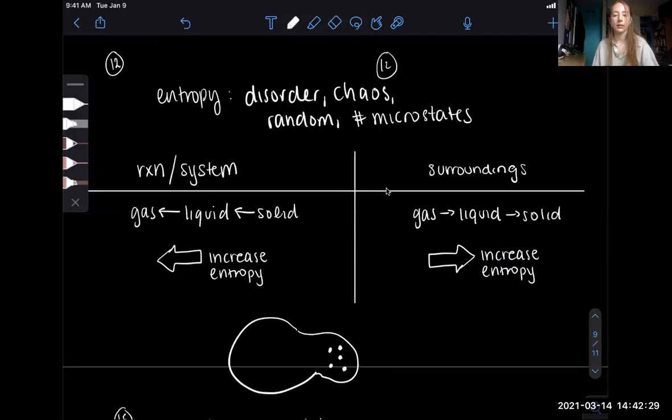Low, very low, yeah. So the number of microstates in these positions is very low. However, if we had particles spread out, this would be high entropy, right? Because there are so many possible microstates that they can be in because they have more space to move around in. So that's one way of looking at things.